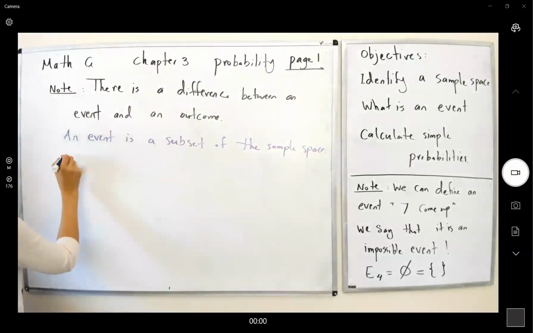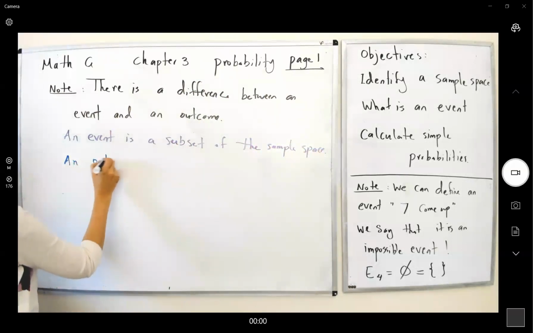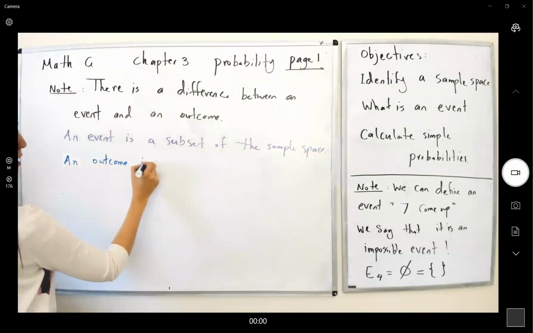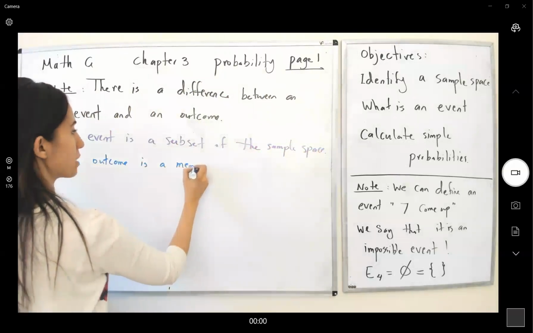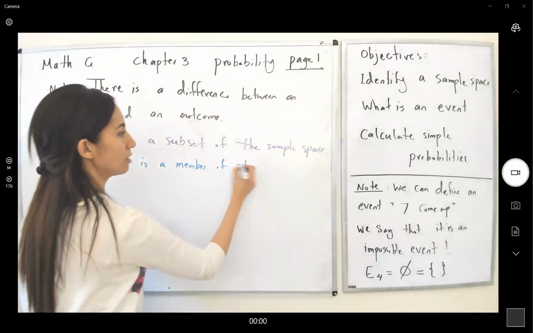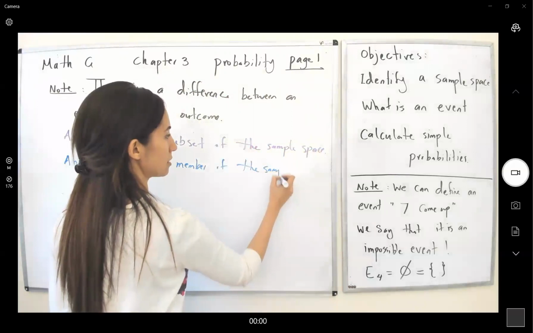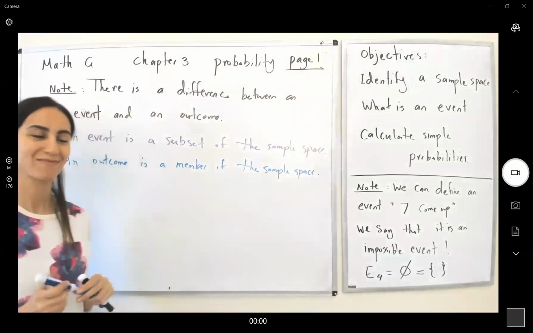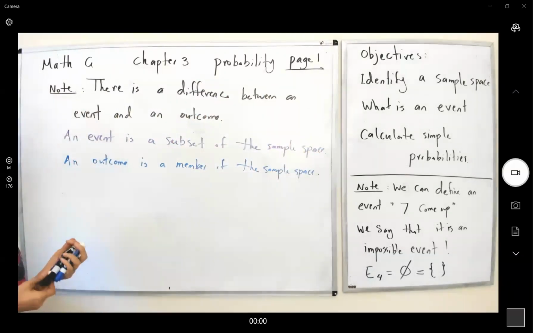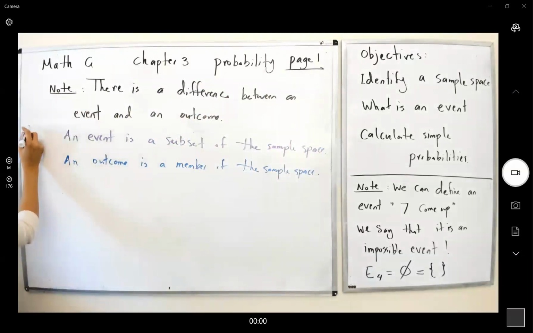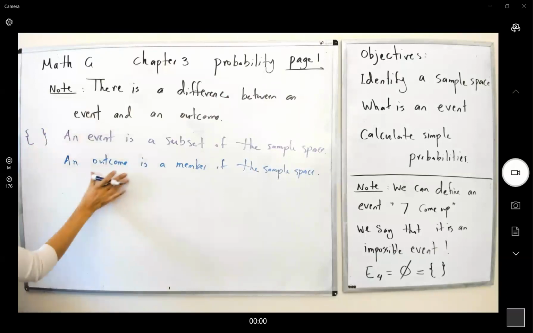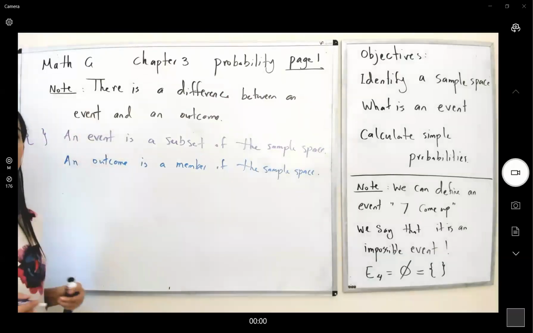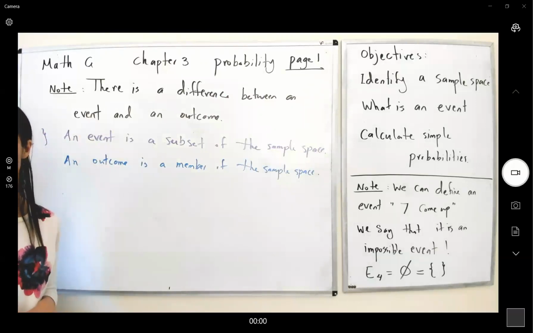An outcome is a member of the sample space. So for an event, we're going to use curly brackets, but outcome is just a member, belongs to the sample space.